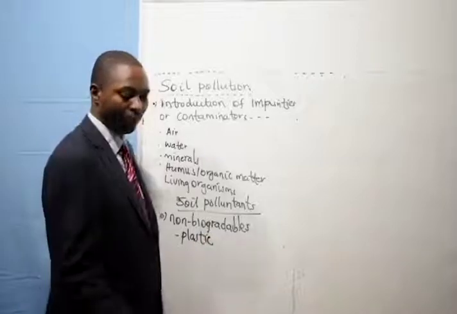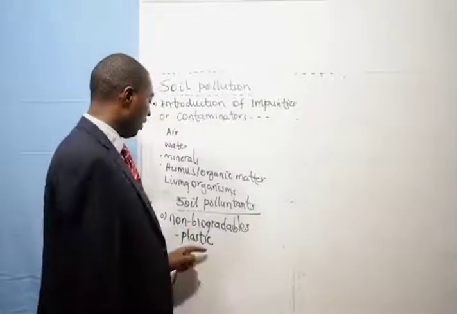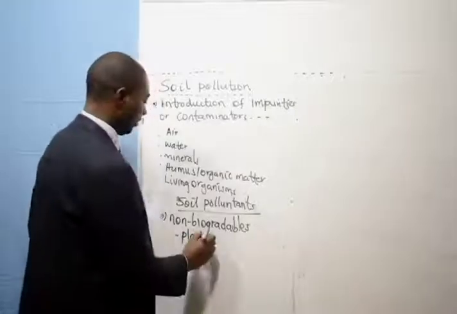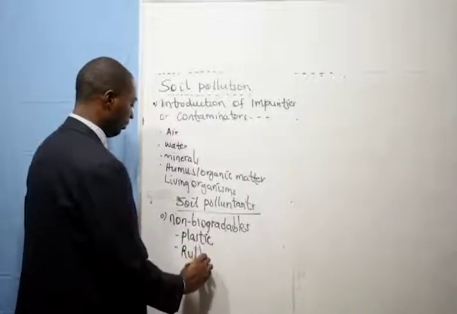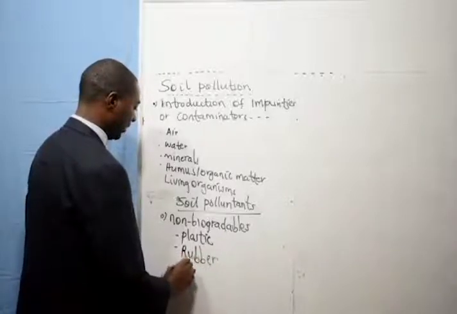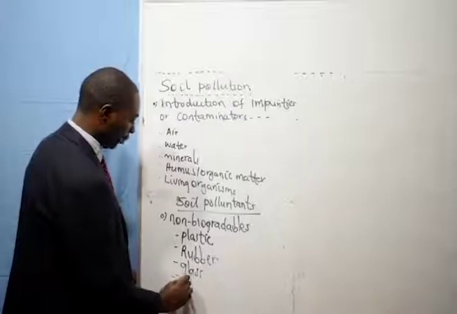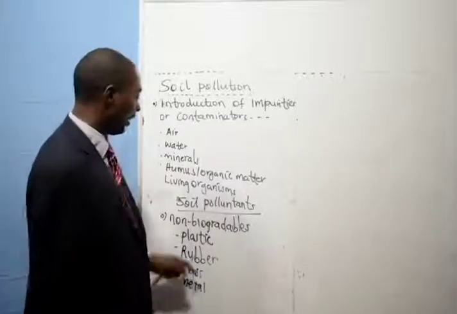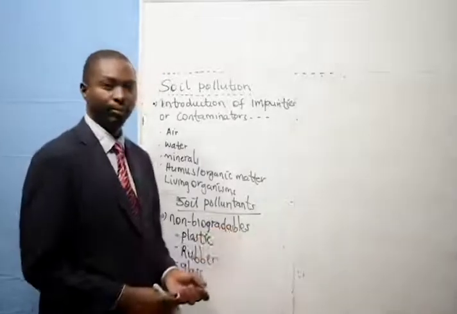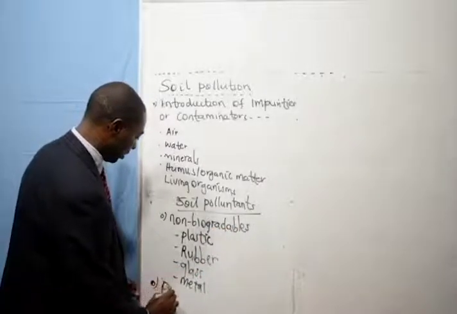Look at the diagram below in the notes. There is a dumping site. There is accumulation of plastic, rubber, grass, and also pieces of metal. These are things that don't decay. They are non-biodegradables.